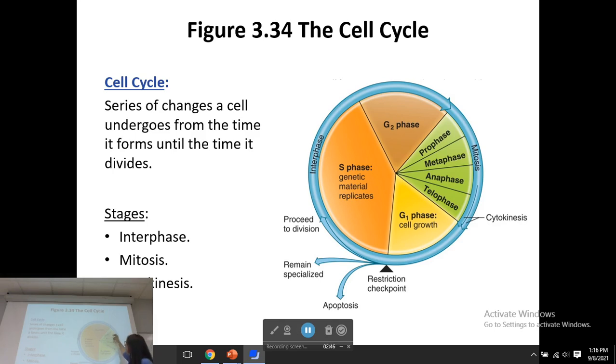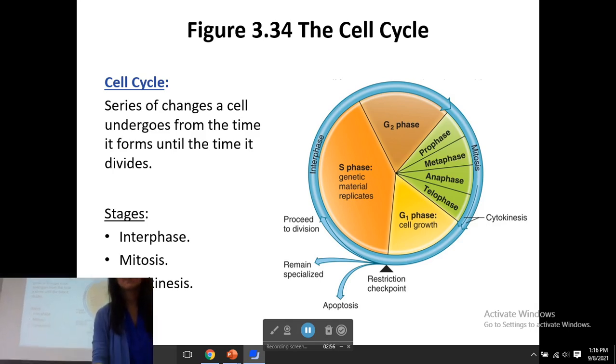So then we have prophase, metaphase, anaphase, and telophase, which are the phases of mitosis. All right, so then we go through what happens in each one of these phases.